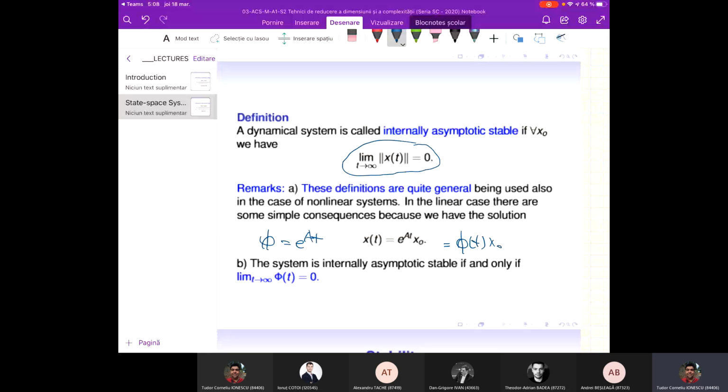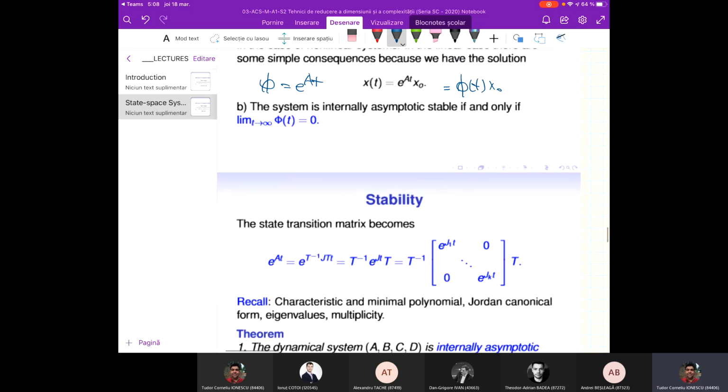Of course, this is also quite a large definition, and hard to apply in this fashion. We need a more practical criterion.